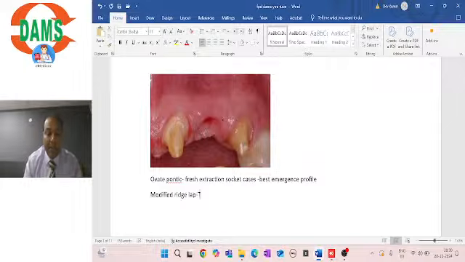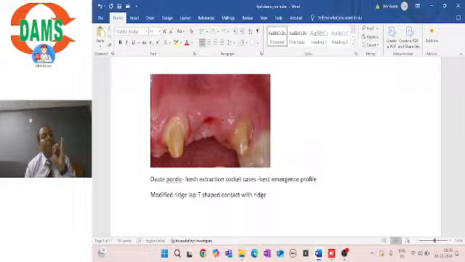It has a capital T-shaped contact with the ridge, and it is the only pontic that satisfies each and every requirement. Point contact, it has a point contact on the labial aspect, pressureless contact, hygienic and everything excellent, no doubt about it. Clear?